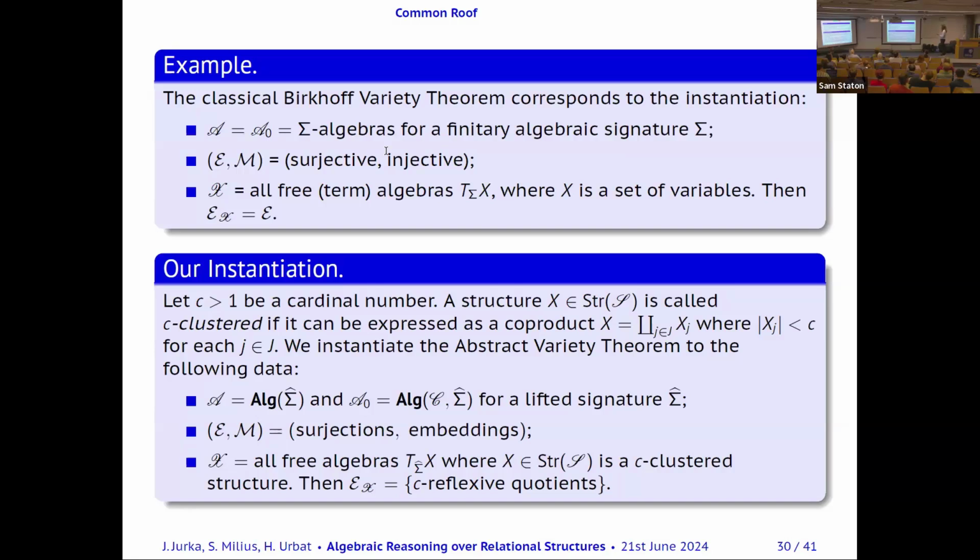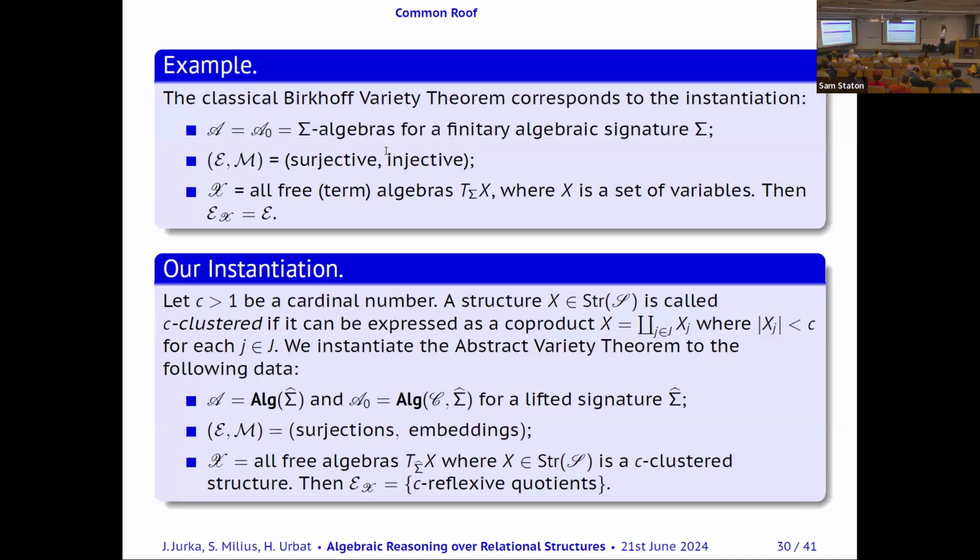In our case, these things are a bit more distinguished. So here A and A0 are not the same anymore. A0 are the algebras over C, and A are all the algebras. Here we get surjections and embeddings. And X are again free-term algebras. I skipped a lot of details.